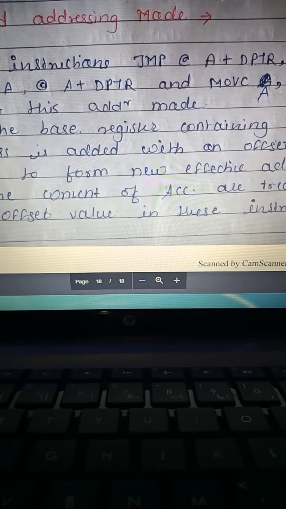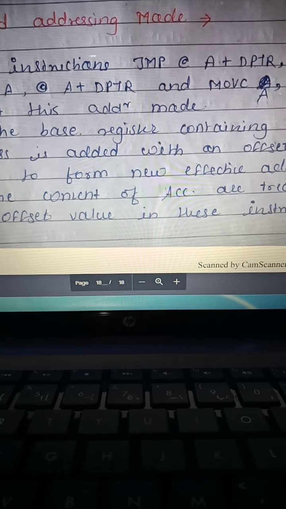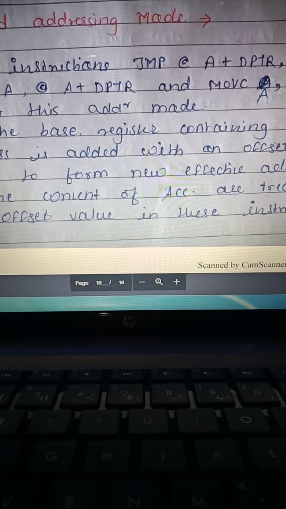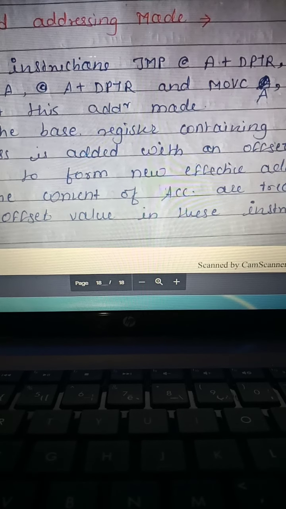The last addressing mode is indexed addressing mode. It contains instructions like JMP @A+DPTR, MOVC A, @A+DPTR, and MOVC A, @A+PC. These kinds of instructions belong to indexed addressing mode.